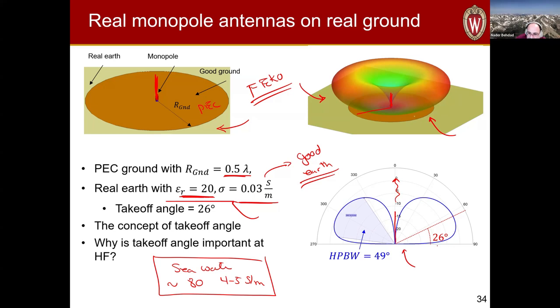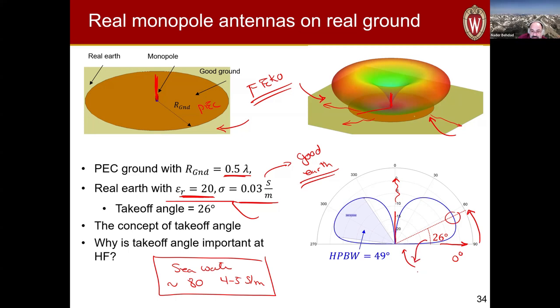But notice what happens here. There is also no radiation along the elevation angle of 0 degrees here. So along basically this Earth, like along the horizon, you have no radiation here. So what happens here is that the direction of maximum radiation of your antenna now goes up from the horizon to an elevation angle that in this particular case is about 26 degrees.